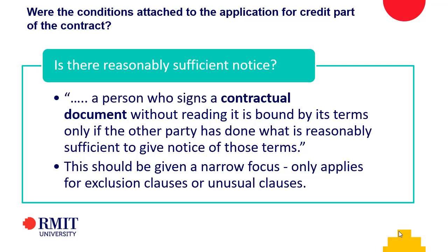A person who signs a contractual document without reading it is bound by its terms only if the other party has done what's reasonably sufficient to give notice of those terms. This should be given a narrow focus, they said. It only applies for exclusion clauses or unusual clauses. This wasn't anything particularly unexpected.